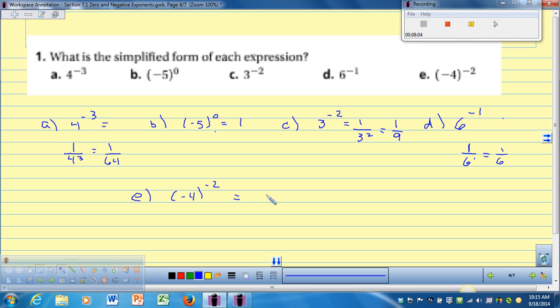So negative 4 to the negative 2 would be 1 over negative 4 to the positive 2. Now we need to be careful. What is that? Positive 16, because that's negative 4 times negative 4.